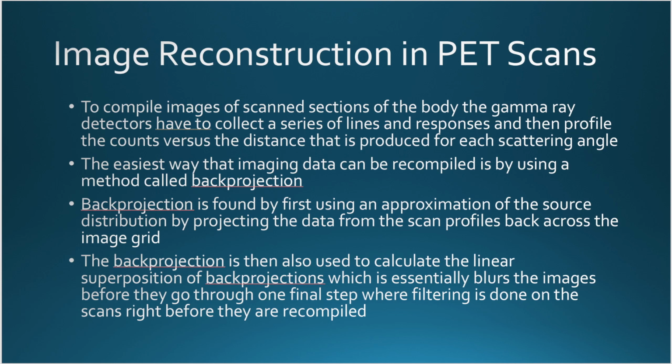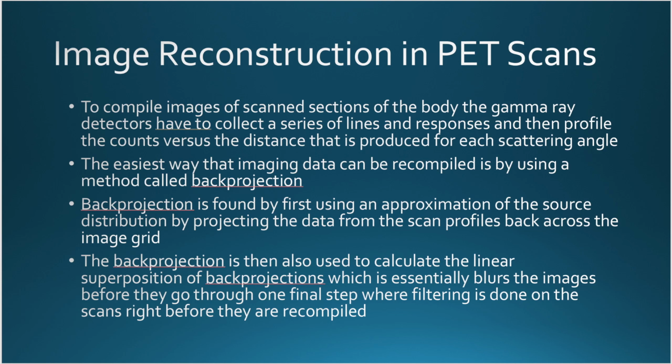Alright, we'll now go over the image reconstruction in the PET scans. To compile images of scanned sections of the body, the gamma ray detectors have to collect a series of lines of response, and then profile the counts versus the distance that is produced for each scattering angle. The easiest way the imaging data can be recompiled is by using a method called back projection.